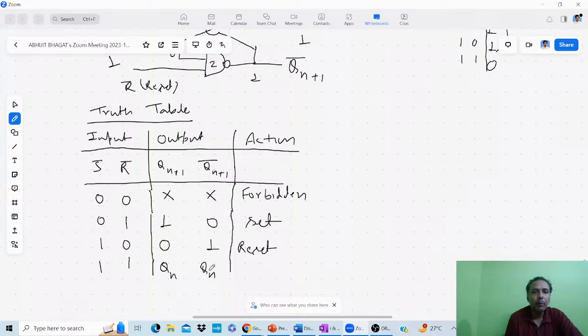Whatever the previous output, you get the same output when you provide 1 to S and R. It is the hold condition, meaning there is no change across the output when you provide 1 1 to S and R.